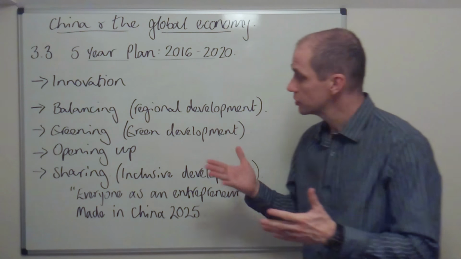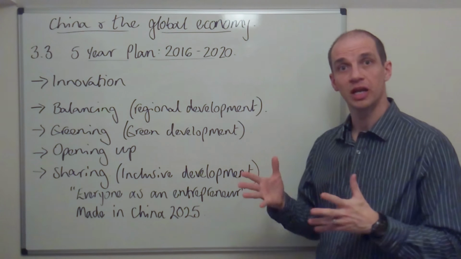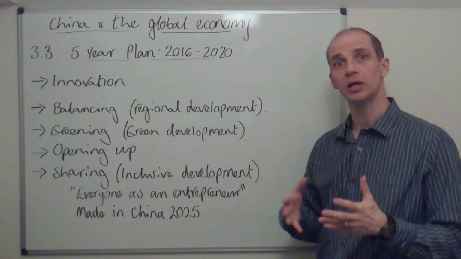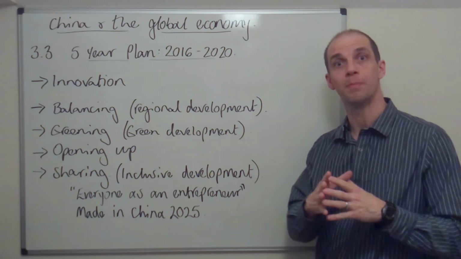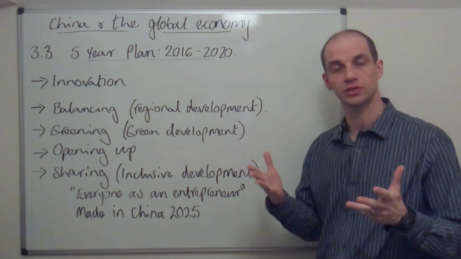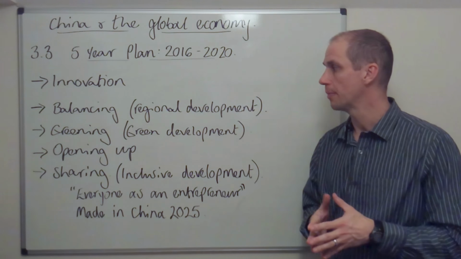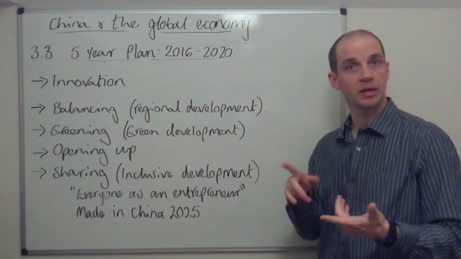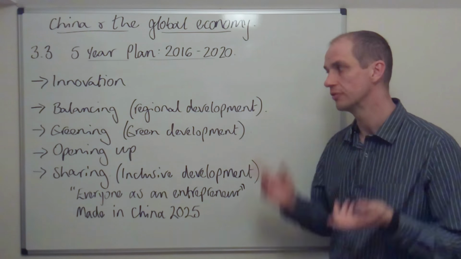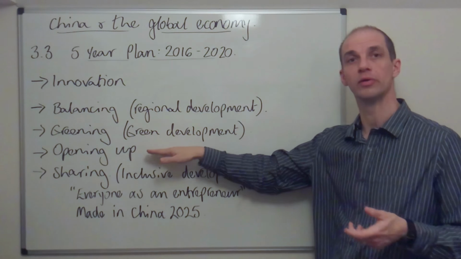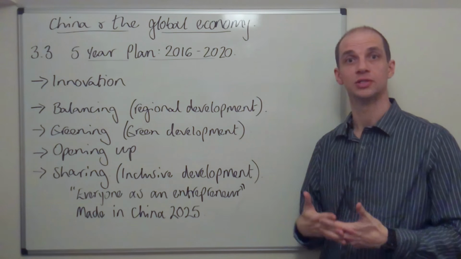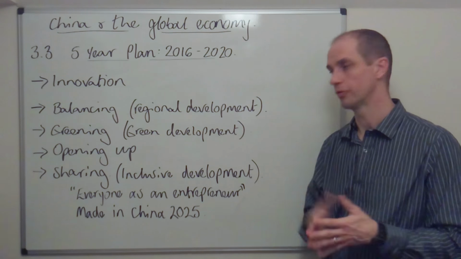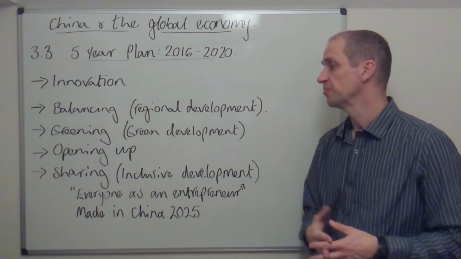Okay, so the next one is about China opening up abroad and really just expanding beyond its own boundaries, its sphere of influence, and its partnerships that China enjoys. So that may be free trade agreements, but of course the most notable area in terms of the opening up is the Bridge and Road Initiative, or One Bridge, One Road.